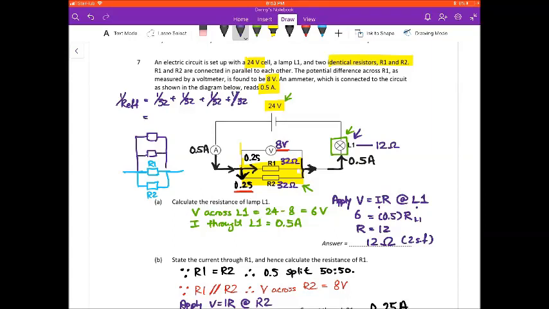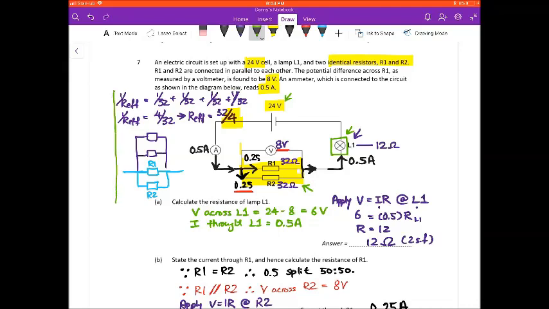In the end, you will get 1 over R effective equals 4 over 32. So therefore, your R effective will become 32 over 4. Can you see that the more resistors you add in parallel, the lower the effective resistance.